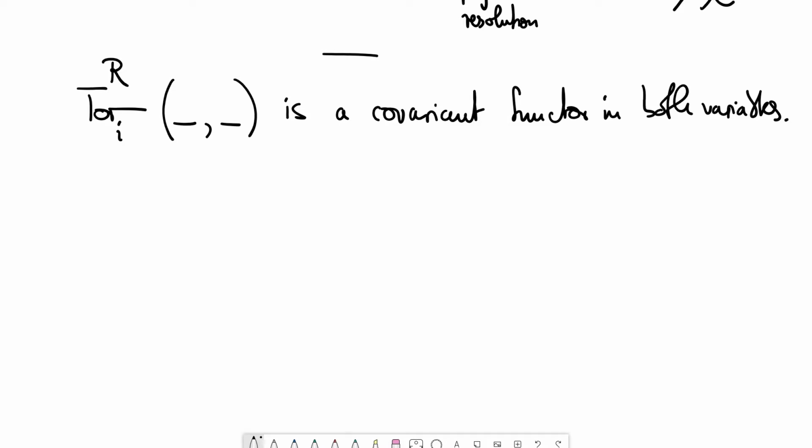Okay, so why is that the case? Let's first discuss the functoriality in the second variable.